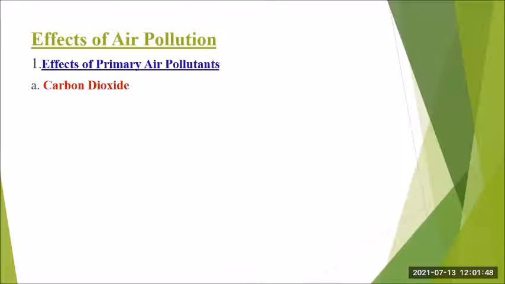Pollutants which mix with the atmosphere, then the air pollution begins, as I said. Some of the important pollutants are mentioned, and we will discuss how they create the problem of air pollution one by one. The first pollutant is carbon dioxide.